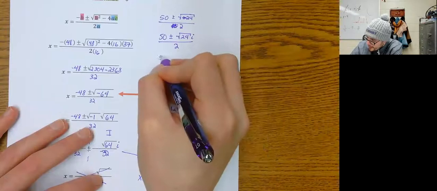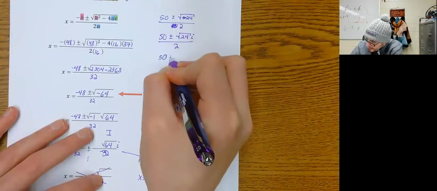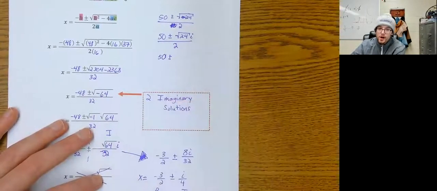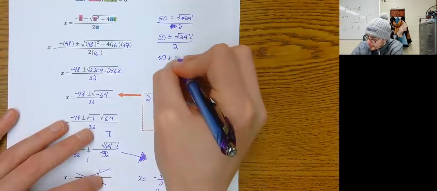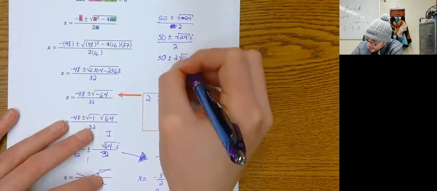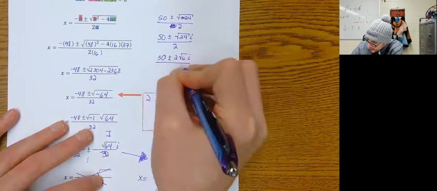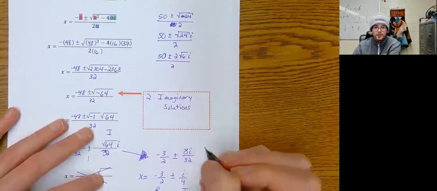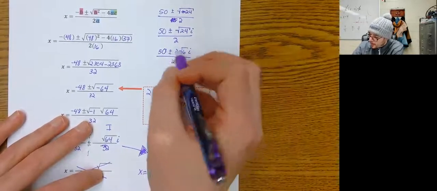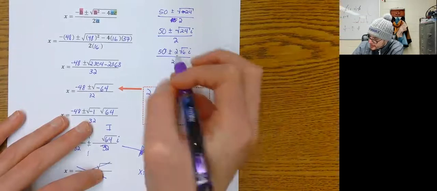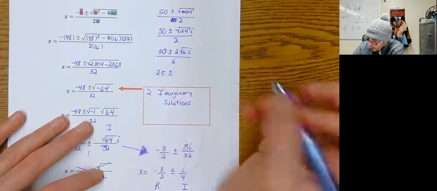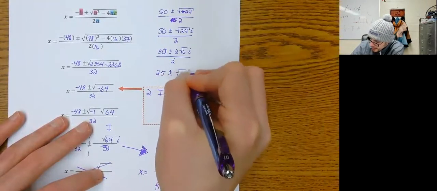So you get 50 plus or minus what? The square root of 24. If you were to do the long process, this would simplify to be 2 square roots of 4 times 6, 6i over 2. You would separate that out, right? You would separate this. So what's 50 divided by 2? 25 plus or minus 2 divided by 2 is 1, and you just get the square root of 6i.